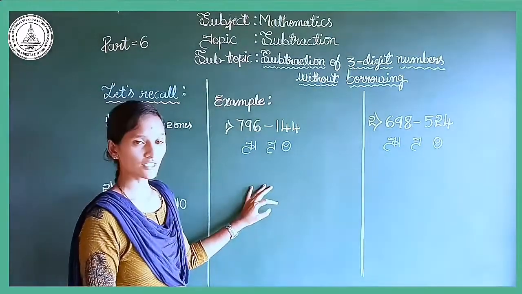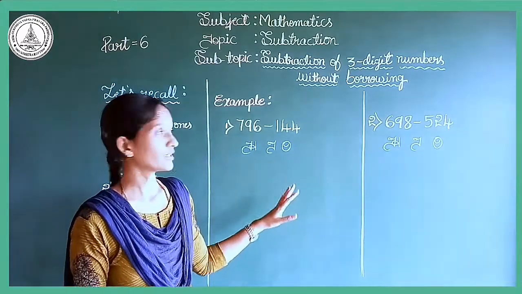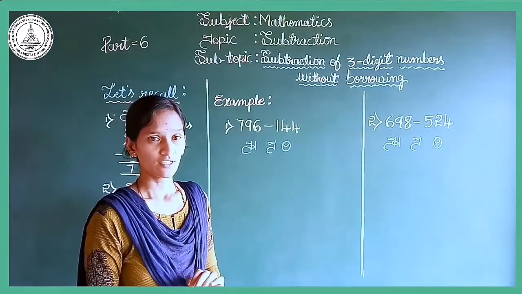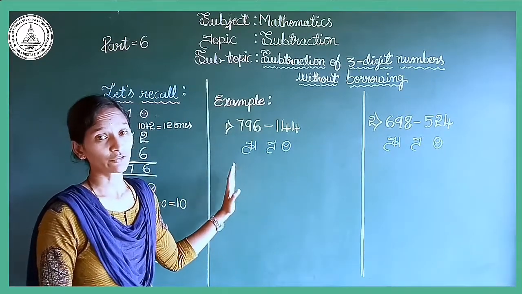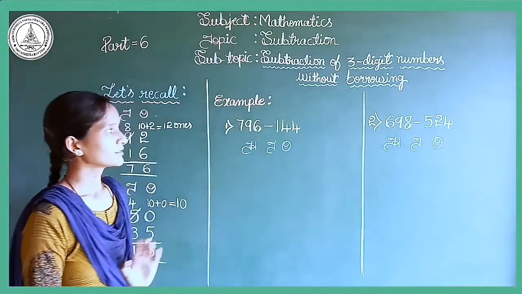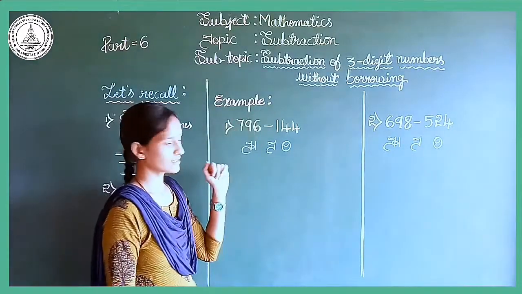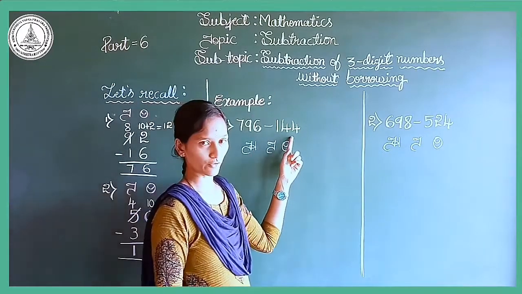Now come to today's new concept, that is subtraction of 3-digit numbers without borrowing. In this concept we do not take any borrow from the next place value. Okay. See here. The first example is 796 minus 144.